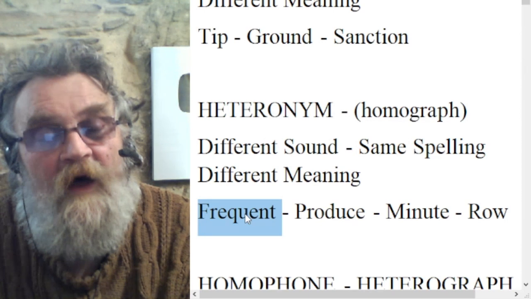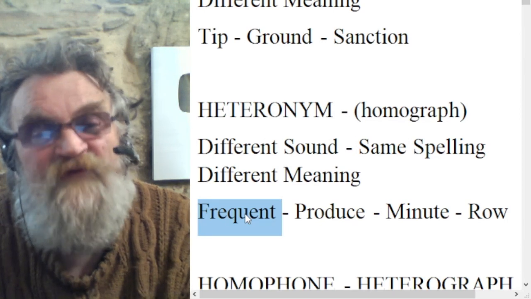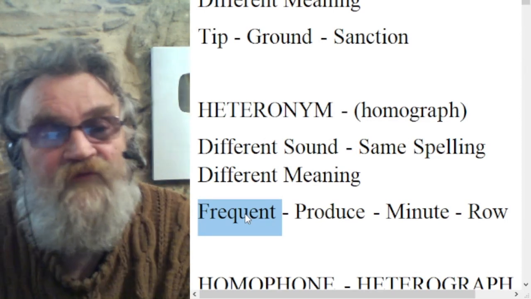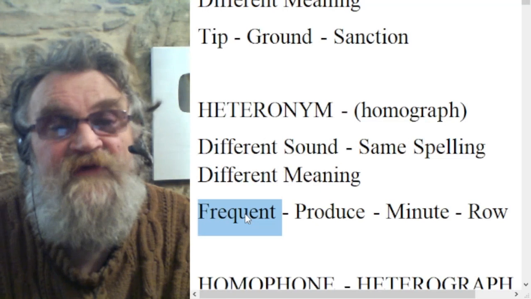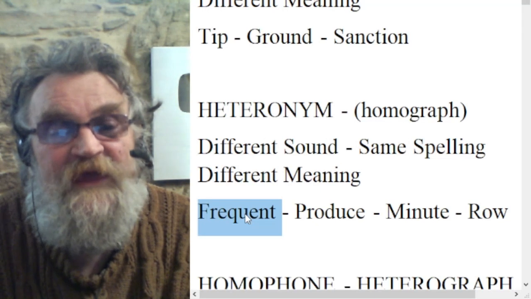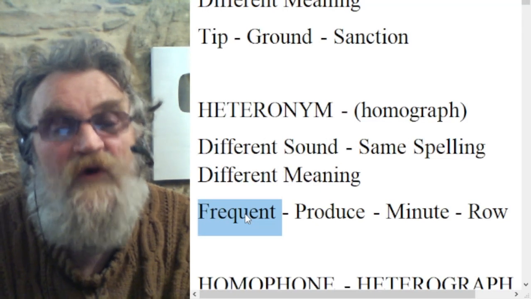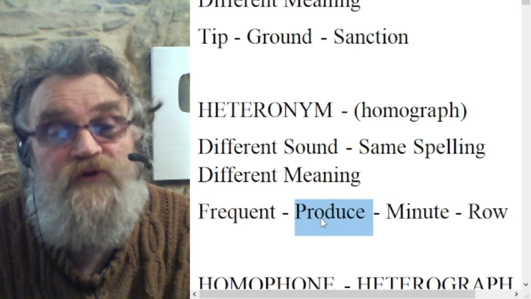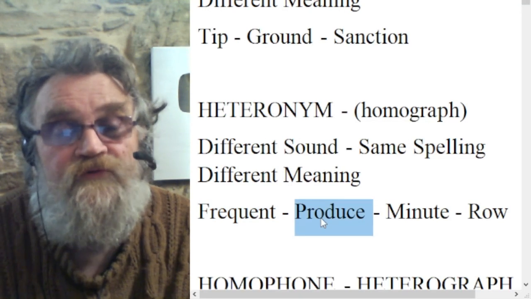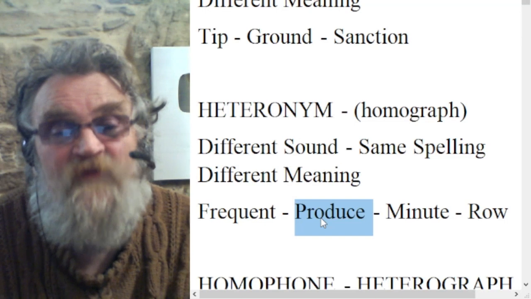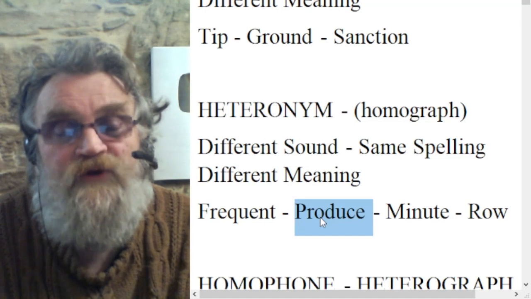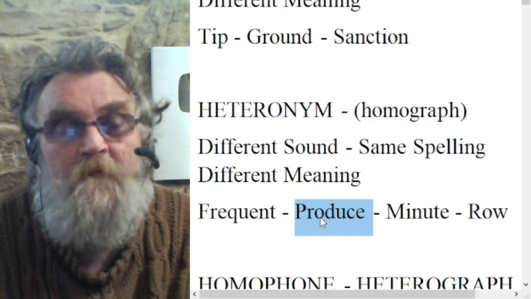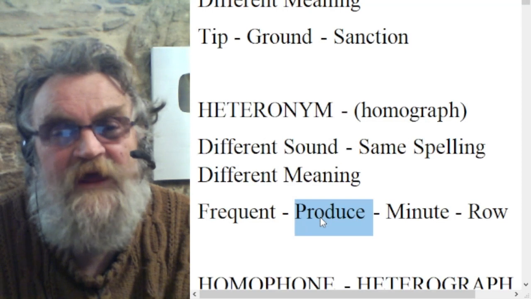He makes frequent visits. He does this with a frequency. This is a pub that he frequents, to habitually go to a place. Produce or produce. To produce means to make, whereas produce is farm products, vegetables and dairy products.